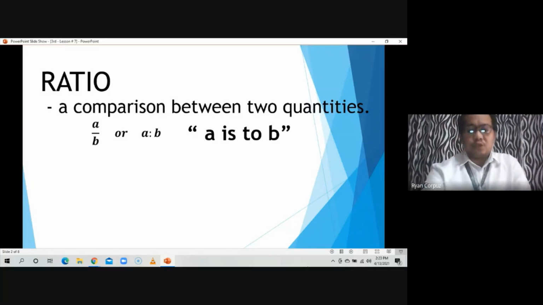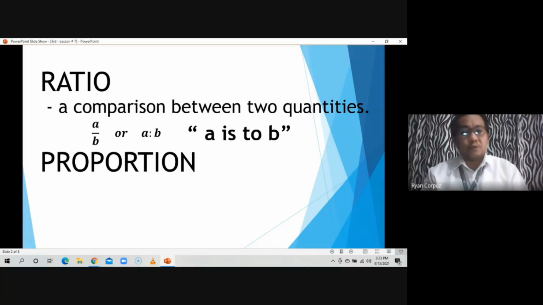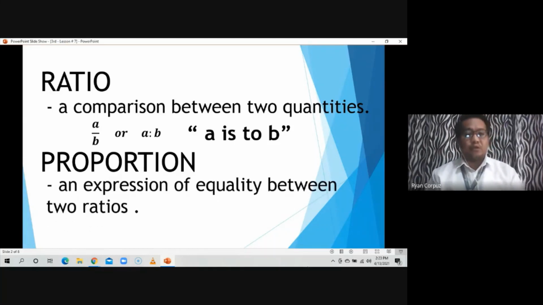So aside from ratio, ano naman yung proportion? So this time proportion, lagi siyang magkasama, it's because proportion involves ratio. So when we define proportion, sinabi dito, proportion is an expression of equality between two ratios. Expression of equality between two ratios. So it involves two ratios.